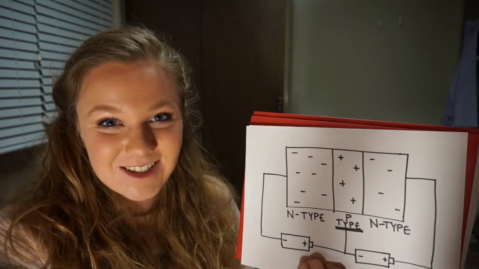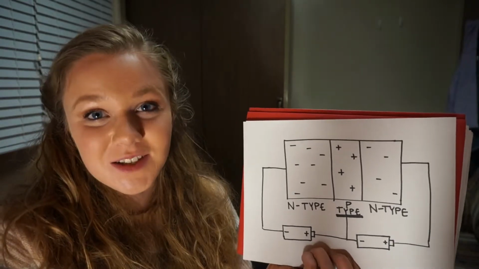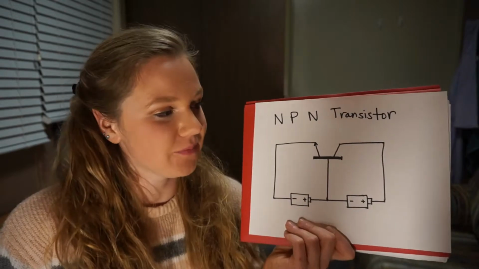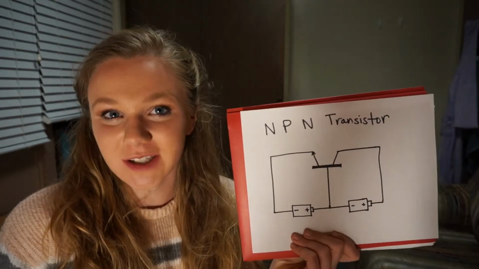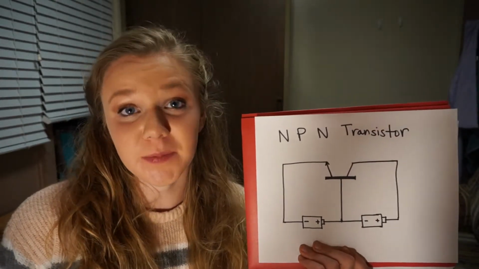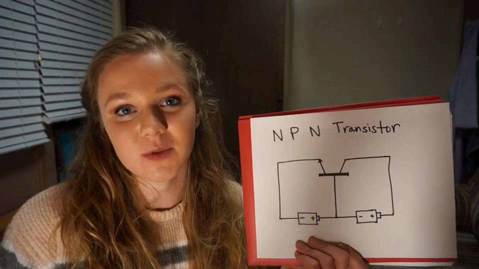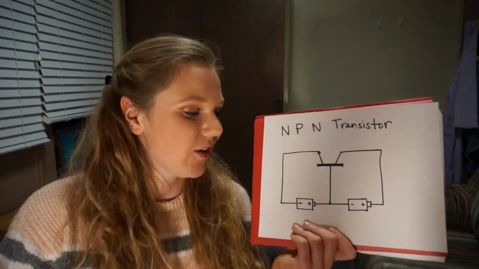And yes, this is a transistor. So this is known as an NPN transistor. So you can see it drawn a little bit differently here. And this is called an NPN transistor because it is that N-type, P-type, N-type junction.